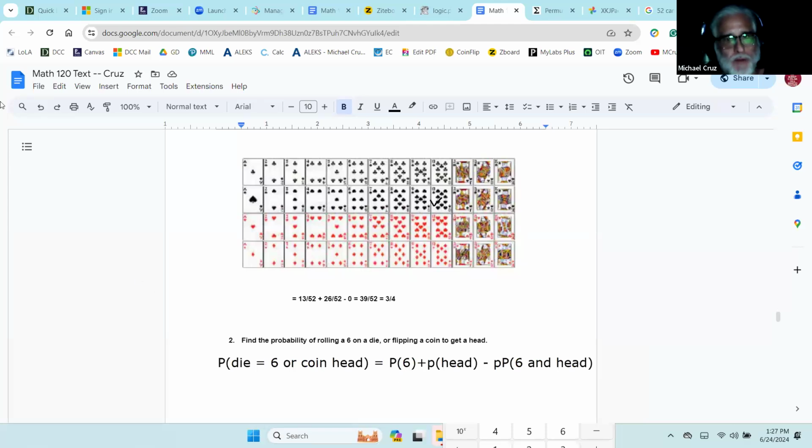Die equal to 6 is equal to 1/6. Probability of a head is 1/2. And so to add those up, well, we got to have a common denominator. So I'm going to make the second one into 3/6, since that's 1/2 with the denominator of 6. So 4/6 is equal to 2/3.